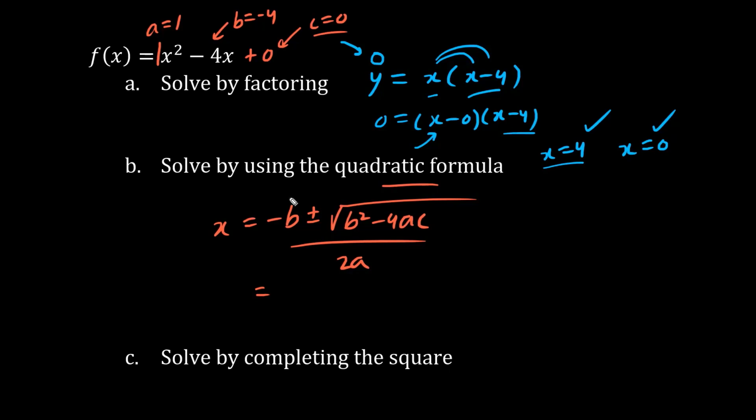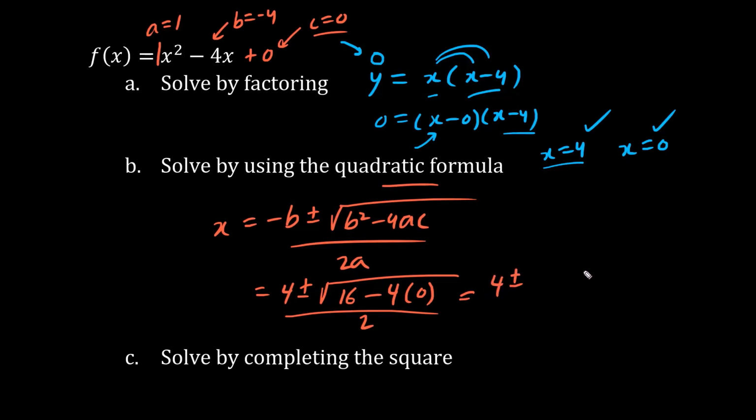So x equals negative b, negative of negative 4 is just 4, plus minus the square root of b squared, negative 4 squared is 16, minus 4, a times c, 1 times 0 is just 0, all over 2 times a. A is 1, and 2 times 1 is 2.